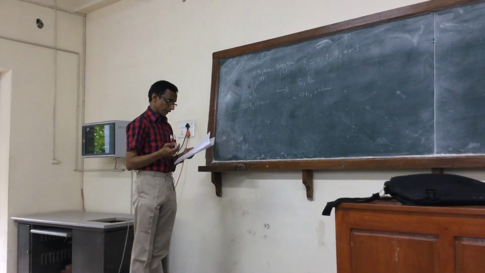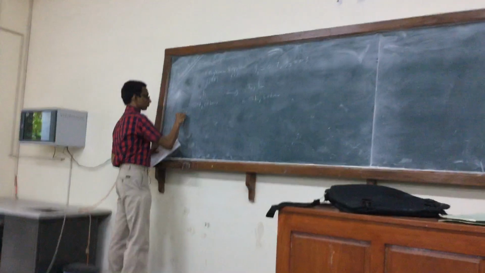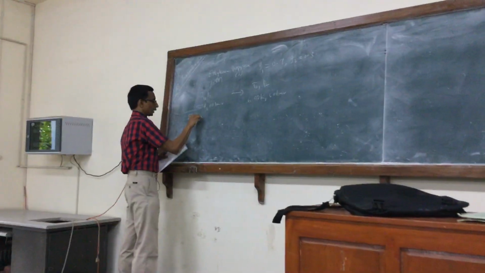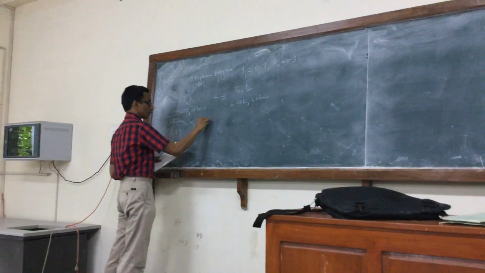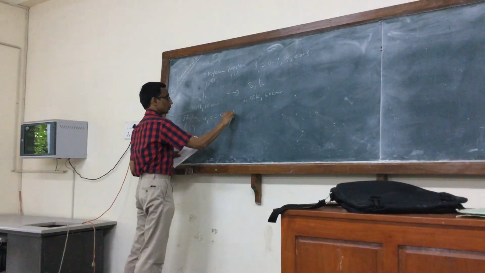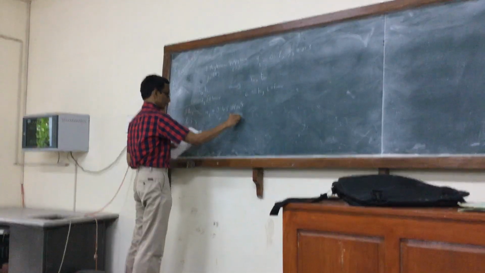Now we are going to use the van der Waals equation of state. And for ethylene, which is component 1, the van der Waals equation of state parameters are given like this.